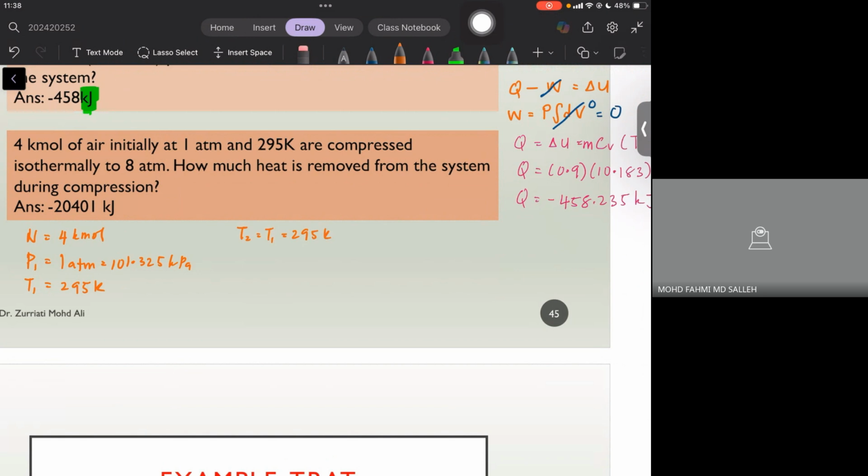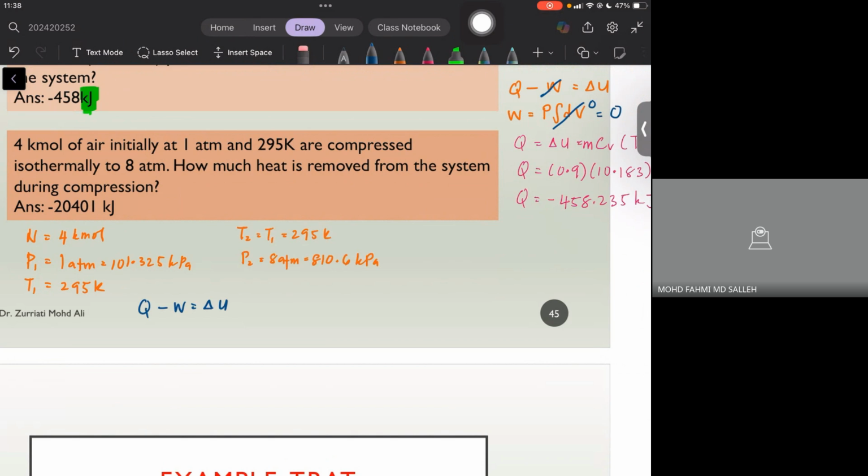T2 is equal to T1, equal to 295 Kelvin. And P2 equals 8 atm, which converts to approximately 810.6 kilopascal. So how much heat is removed from the system for an isothermal process? For the ideal gas, from the non-flow energy equation, Q minus W equals the change in internal energy.